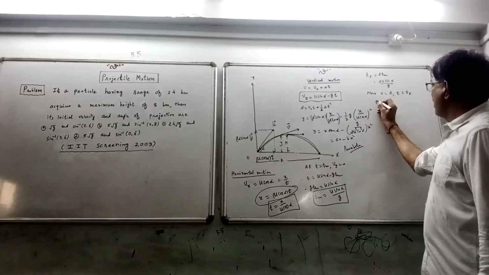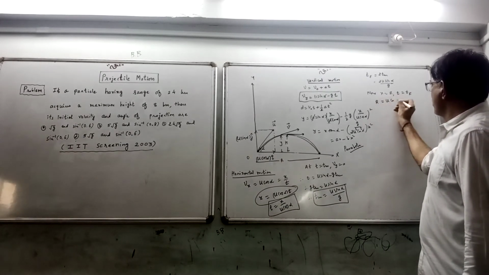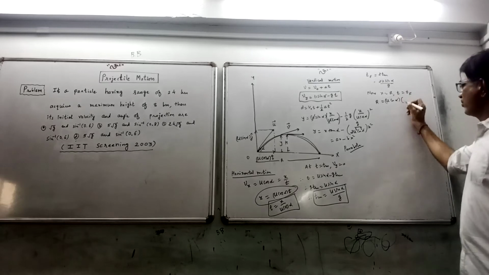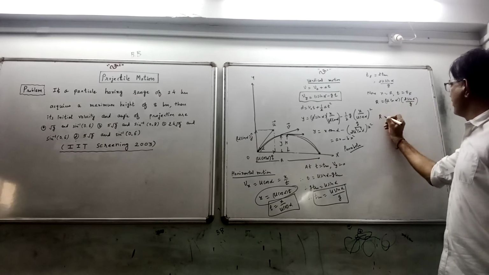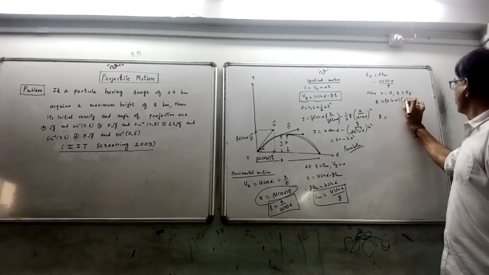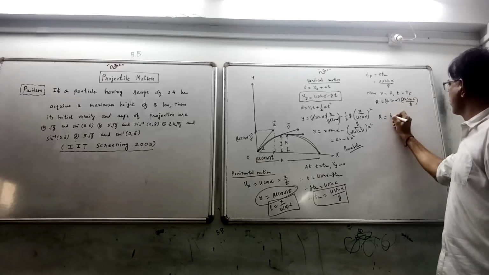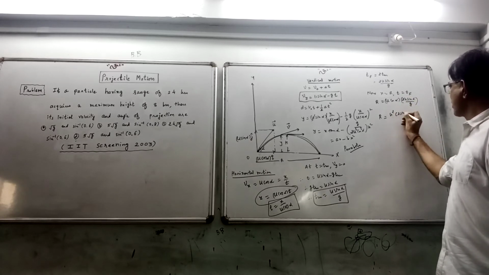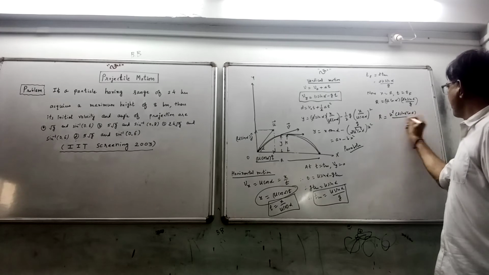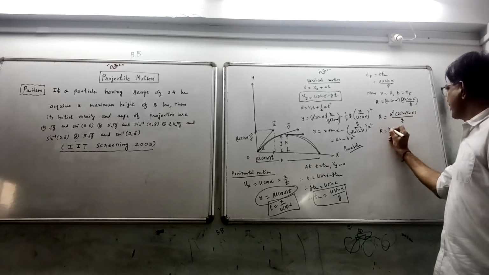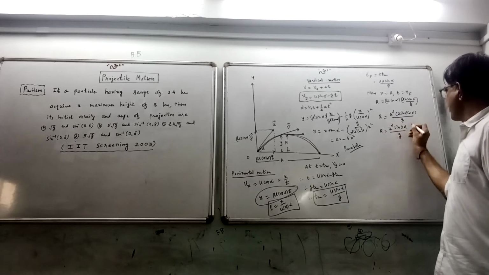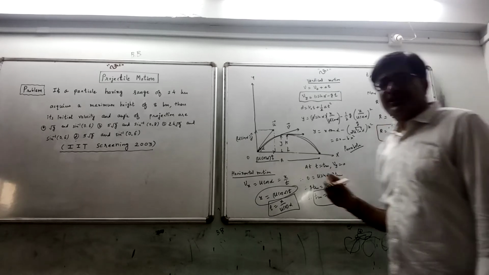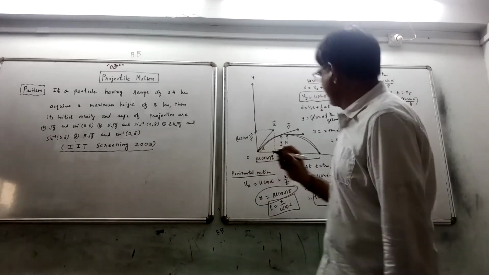Then R equals u cos alpha into Tf, which is 2u sin alpha upon g. So the range will be u square into 2 sin alpha cos alpha upon g, which can be written as u square sin 2 alpha upon g. This is called the range, the maximum horizontal displacement.